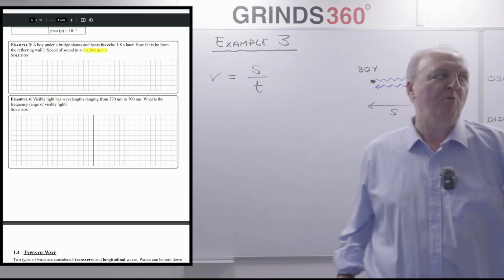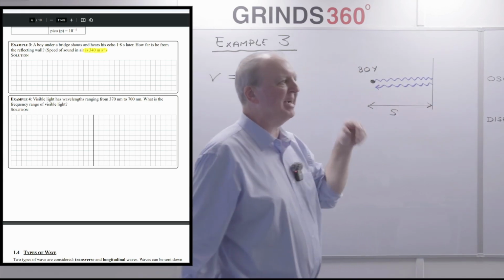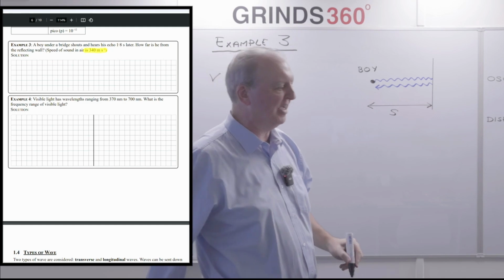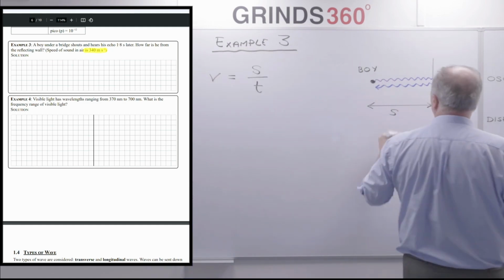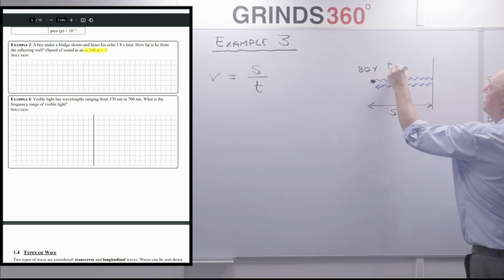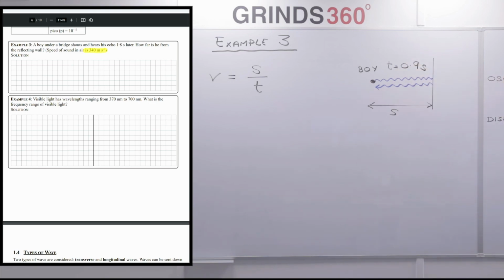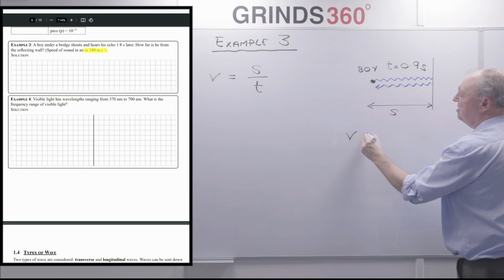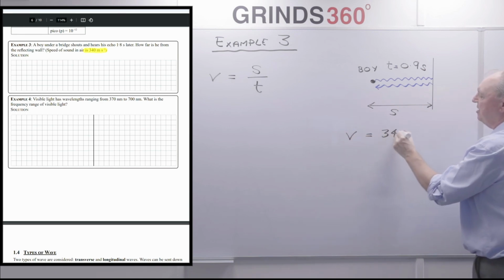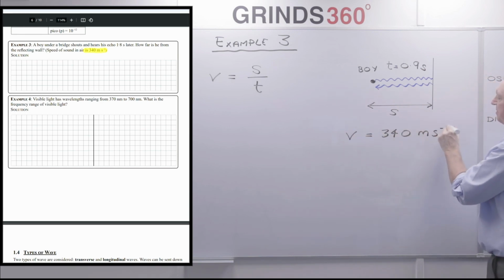The time to go in one direction will be half, and back the other way will be half of the 1.8. In other words, the time will be 0.9 seconds. And we know we were given the speed of sound v, and that's 340 meters per second.